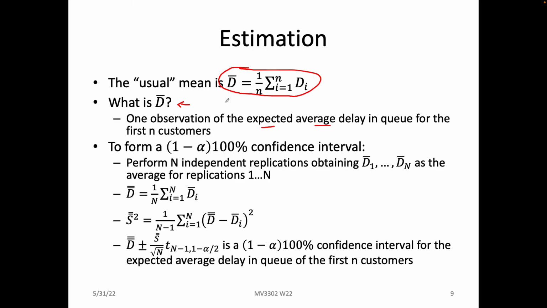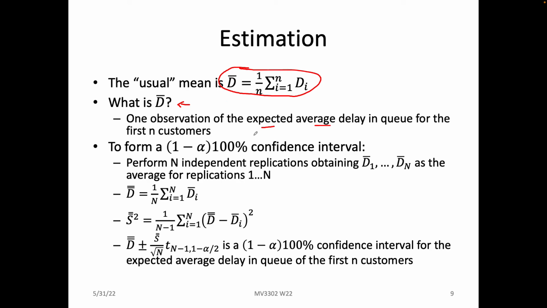So if we run our bank for, let's say, 8 hours, starting with no customers, and after 8 hours we estimate the average delay in queue for that. If we do that independently again under identical conditions, we now have an independent replication of this experiment. And if we've done it under identical starting conditions and identical parameters, they are also independent and identically distributed.